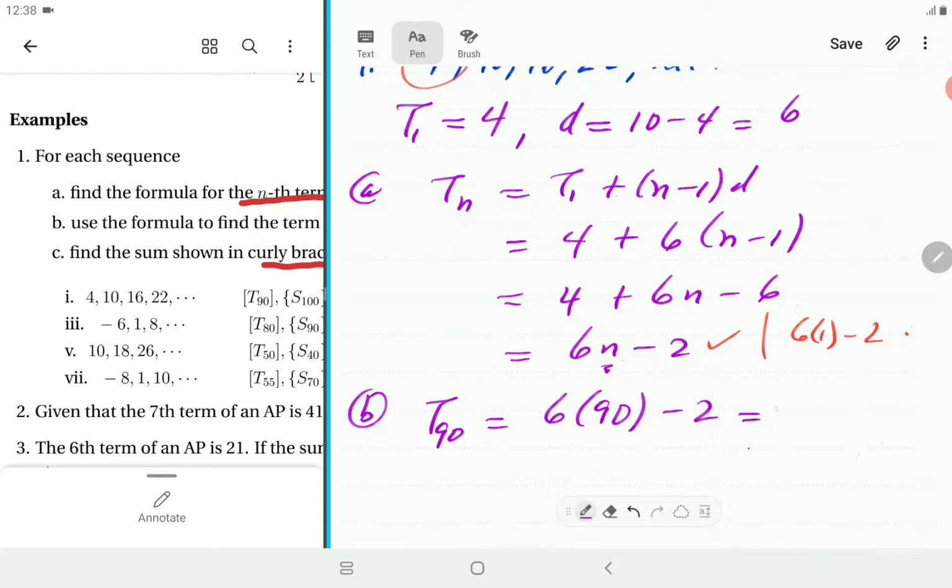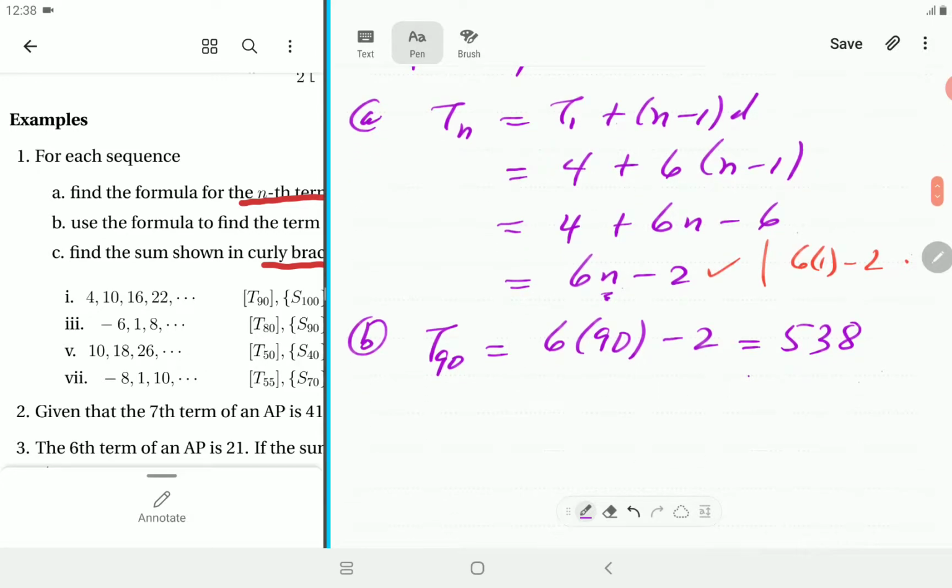Then if you punch that in the calculator, that is going to give us 538. In C, we want the sum of the first 100 terms of this sequence. So 4 plus 10 plus 16 all the way to 100 terms.